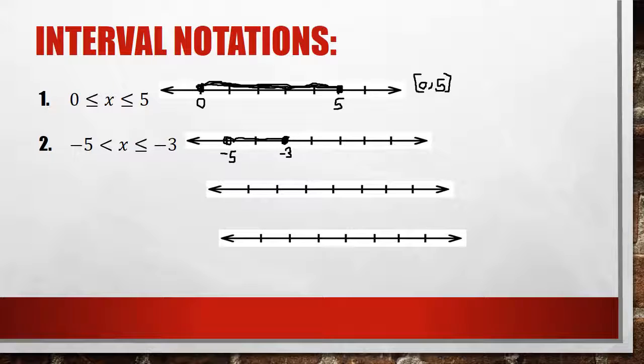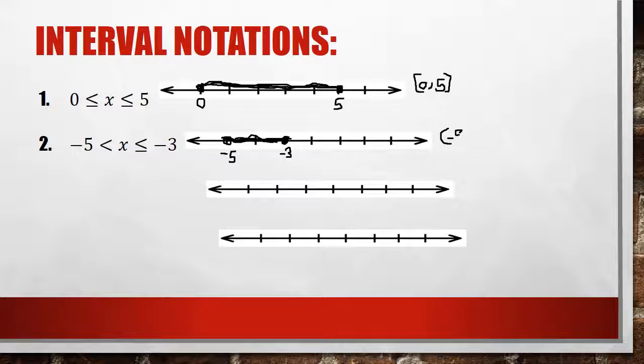Now, to represent this in interval notation, okay, let's finish the number line. I'm going to have a parenthesis for negative 5 because I'm not including negative 5.